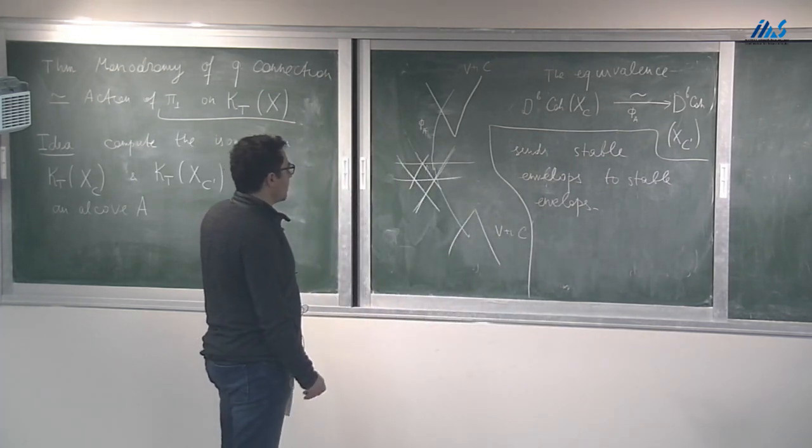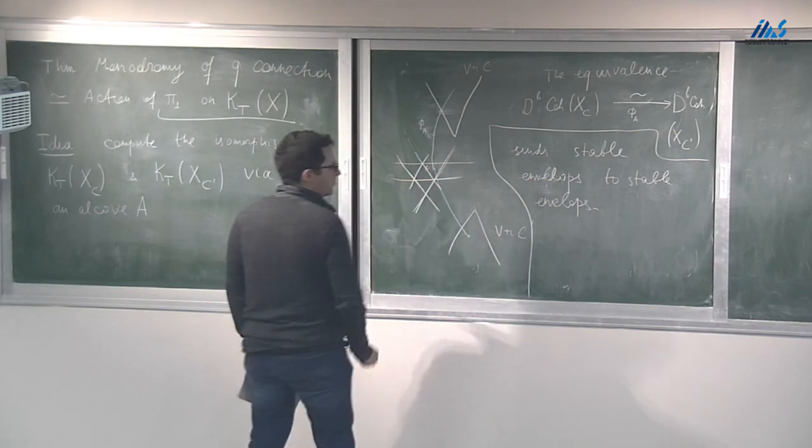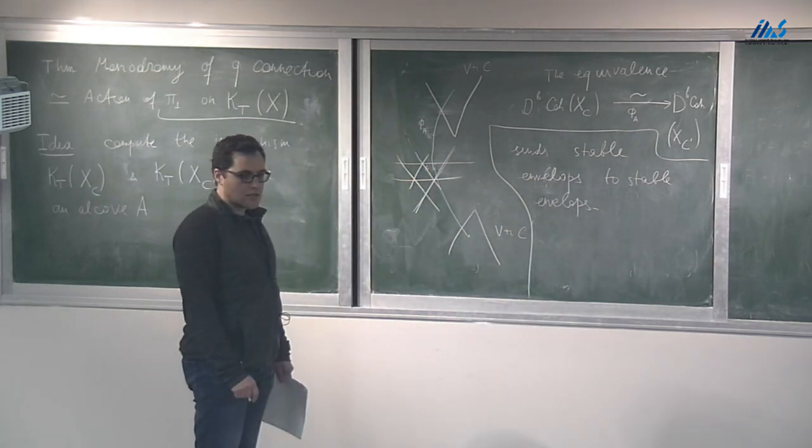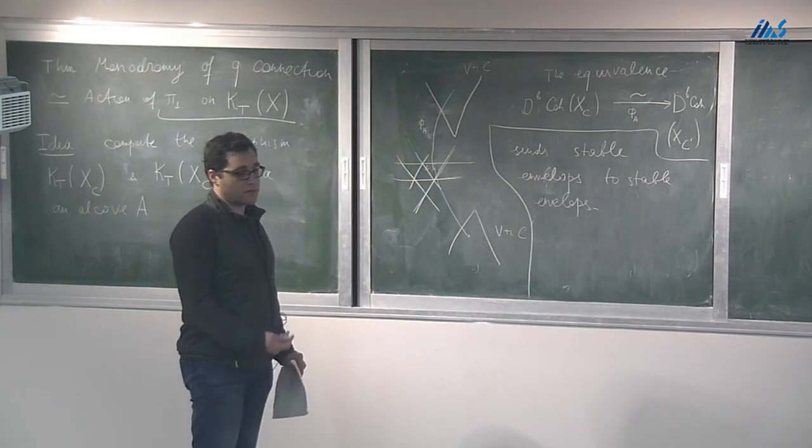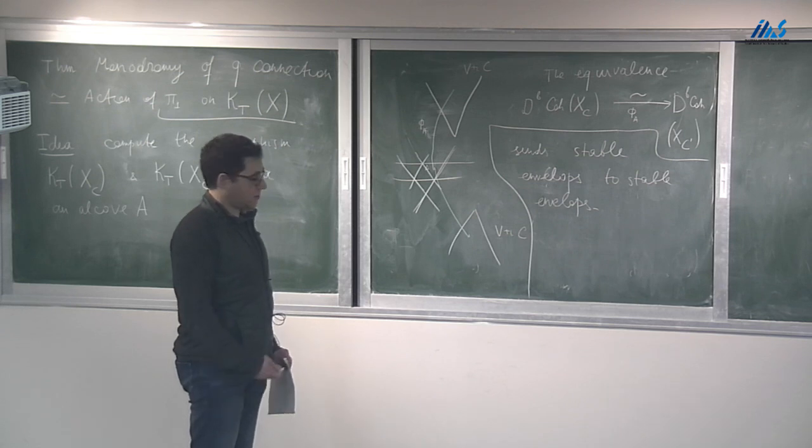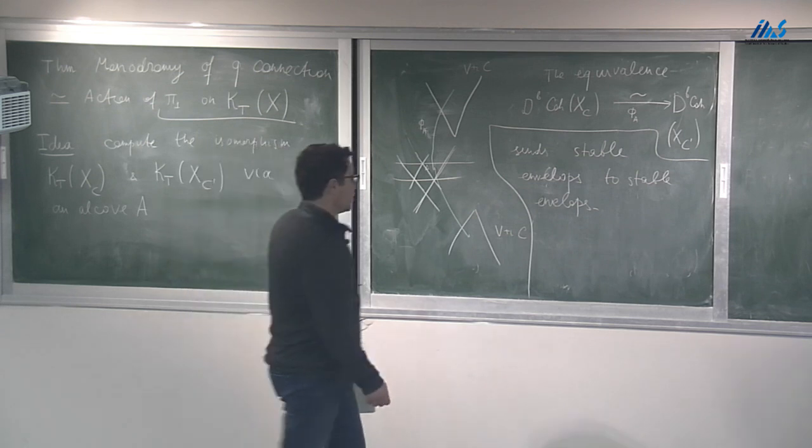And so how does this A enter the picture? So stable envelope is a construction which depends on a parameter, a stability parameter.